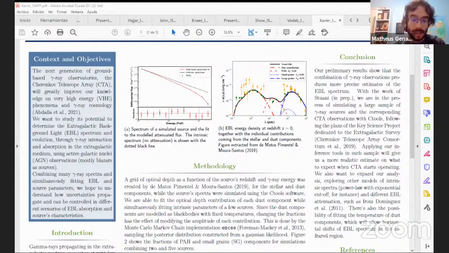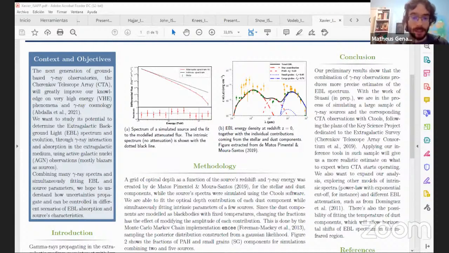So what happens is that gamma rays, high energy and very high energy photons, can interact with those low energy photons from the EBL and produce electron-positron pairs. So this pair production represents an effective attenuation of the flux emitted by the sources. And the way we quantify this attenuation is from the optical depth.